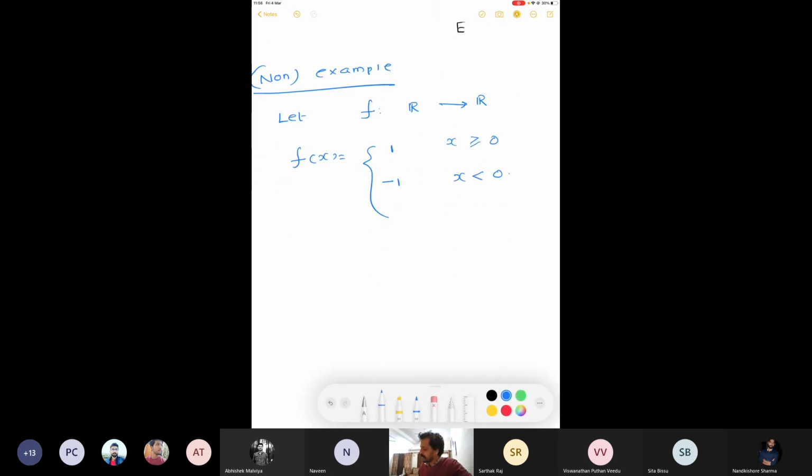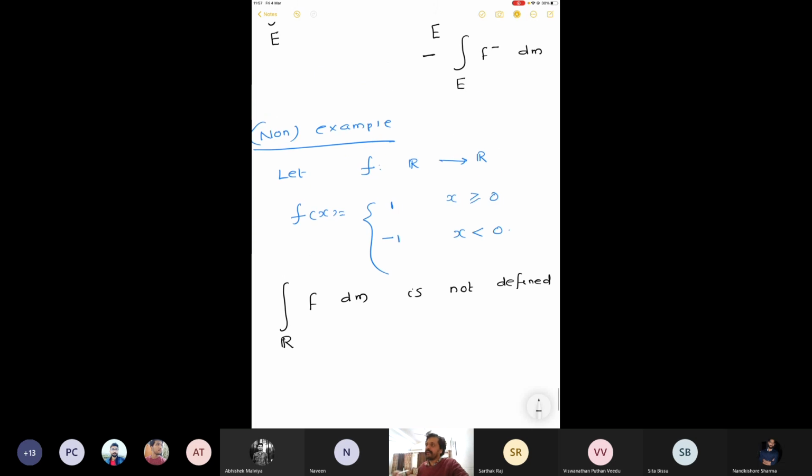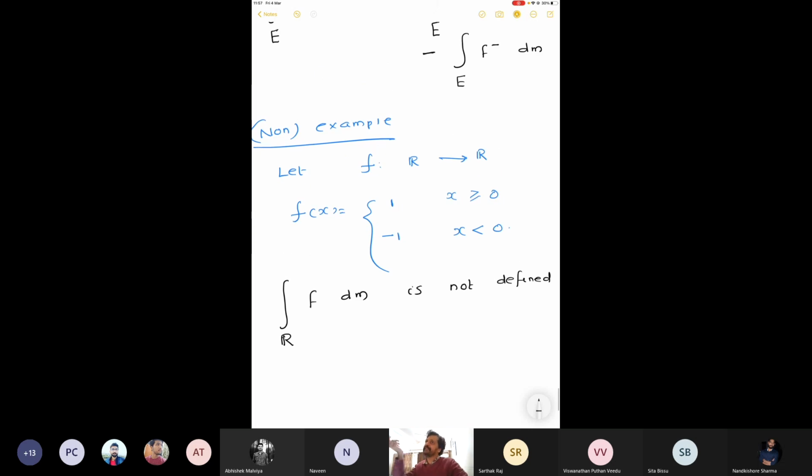So I wanted to see whether the integral of f dm over R makes sense in the Lebesgue sense, and I claim that it is not defined, because I want the integral over R of f plus dm and the integral over R of f minus dm both to be finite.